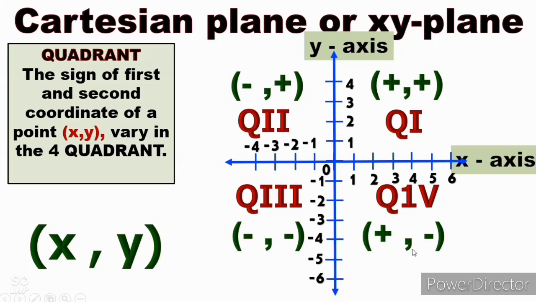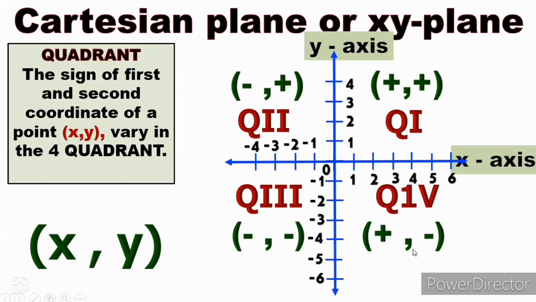Again, ang sign ng coordinates ay depende sa kung saang quadrant siya nakalagay. So sa first quadrant, parehong positive. Then, sa second quadrant, negative ang x, positive ang y. While sa third quadrant, parehong negative. While the fourth quadrant, positive ang x, negative ang y.